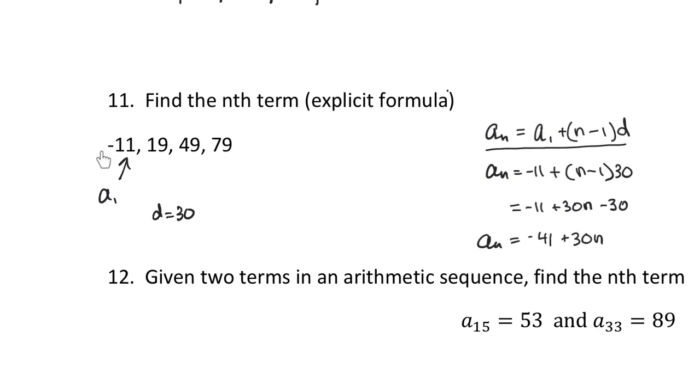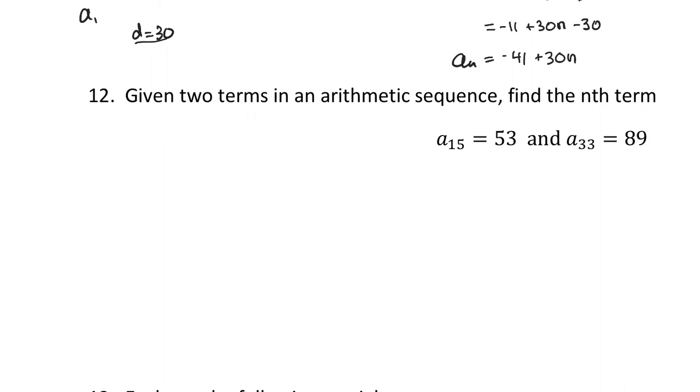If we went 30 units in this direction, we would get negative 41 as a 0 term. And we know the common difference is 30, so we can, just with that information, use slope intercept form, 30n minus 41 from the 0 term, and we get the same nth term formula. Either way, you would need to give an answer that is the nth term. Whether you do it this way or use the 0 term with the common difference, it's up to you.